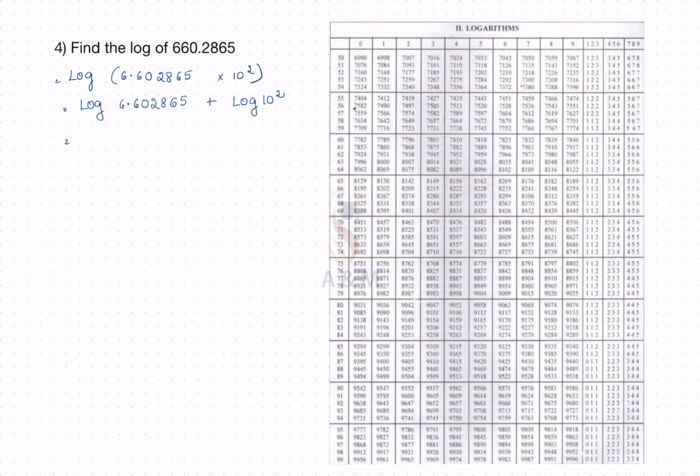Now first one, log 6.602865. First you have to join this 6 and 6. It will be 66 from the row and the next digit is 0, 0 from the column. You get 8195.